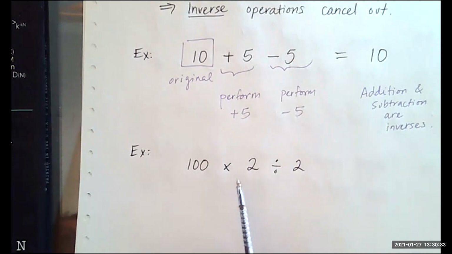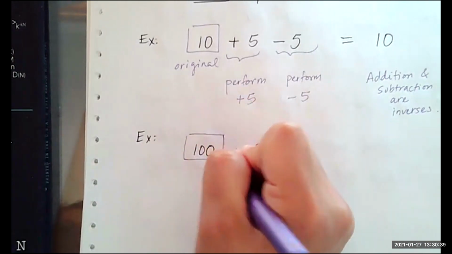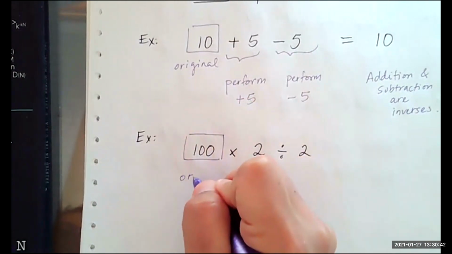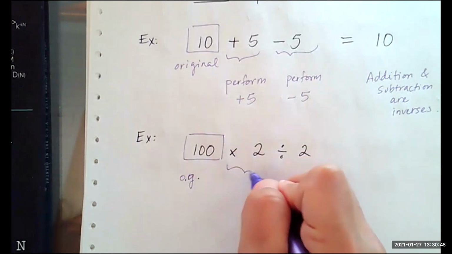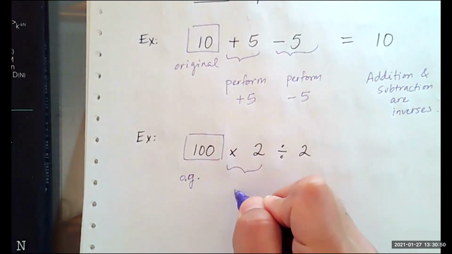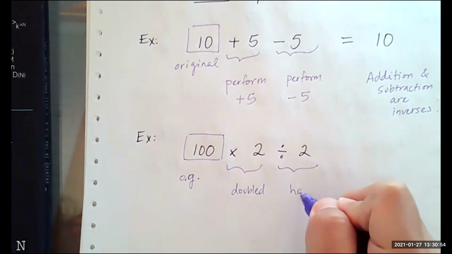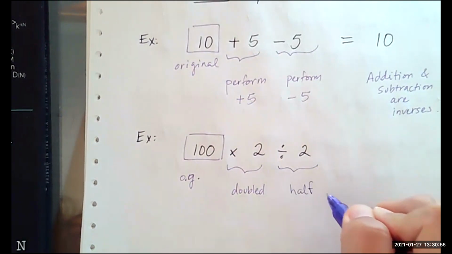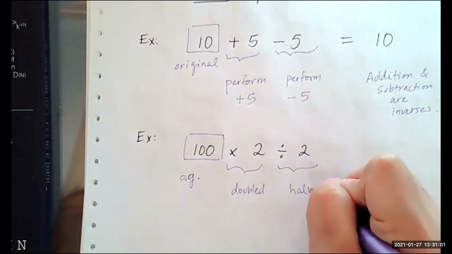Well, it should be clear, in some sense, that this original quantity, I'm just going to call it OG, my original, got doubled. So I doubled it, and then dividing by 2 halves it.